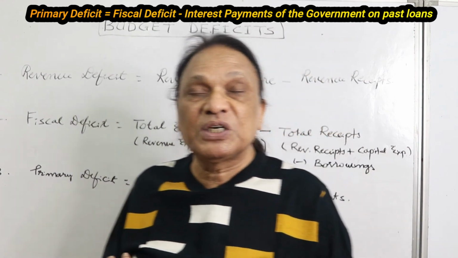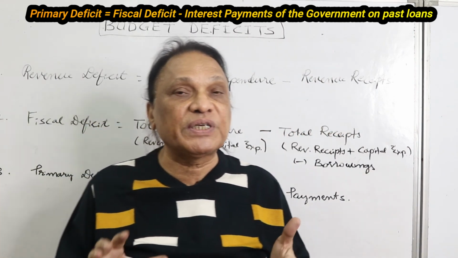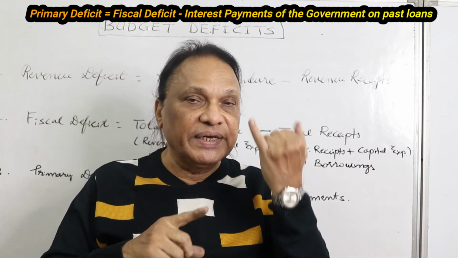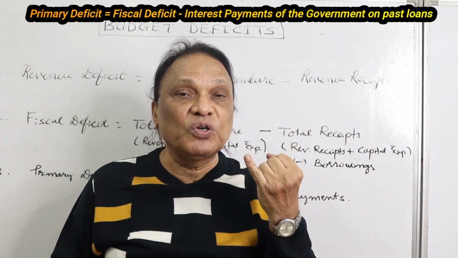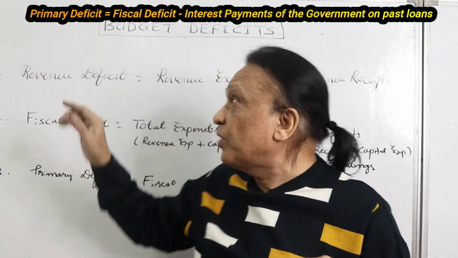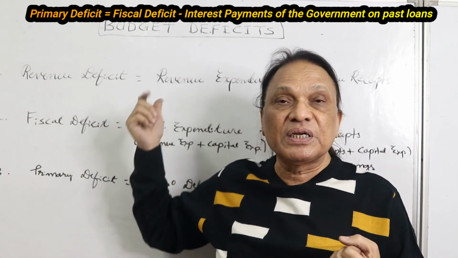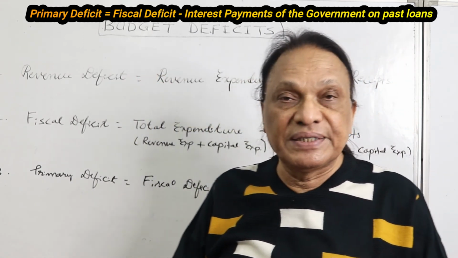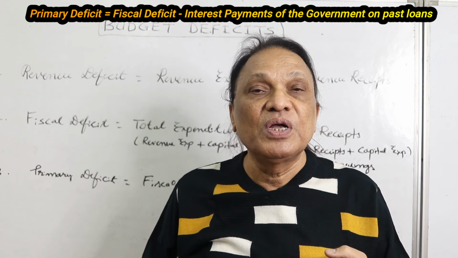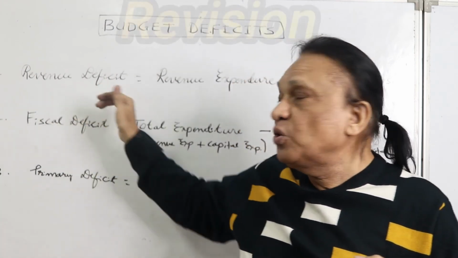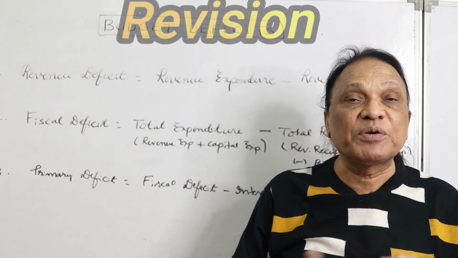In your syllabus, you just have to remember the formula or meaning of all three deficits. Again, I repeat. You have revenue deficit, that is revenue expenditure minus revenue receipts, the excess of revenue expenditure over revenue receipts. Fiscal deficit is nothing but borrowings.